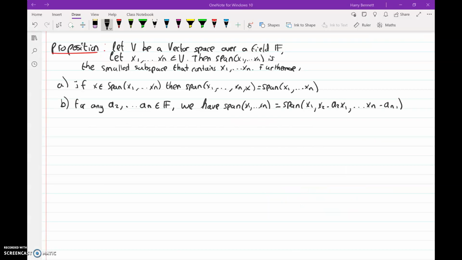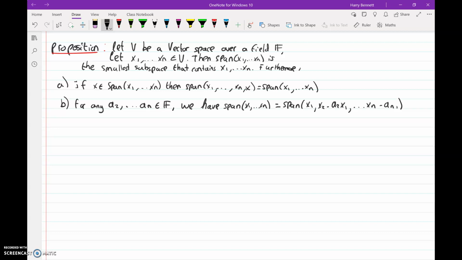Now we have the following propositions. Let V be a vector space over a field F, and let x1 up to xn be in V. Then the span of x1 up to xn is the smallest subspace that contains the vectors x1 up to xn.